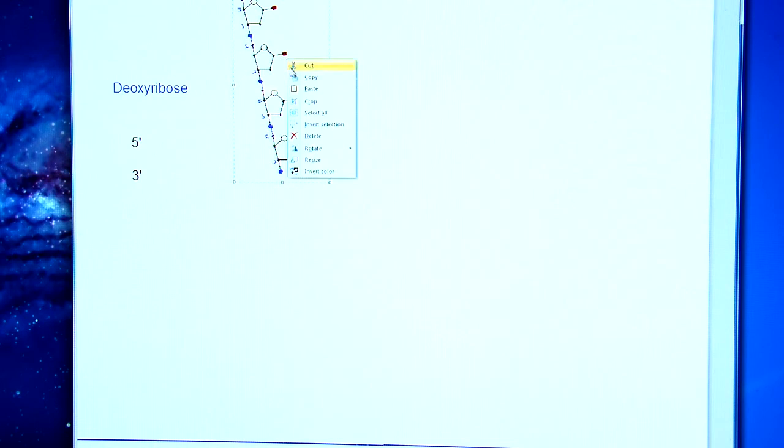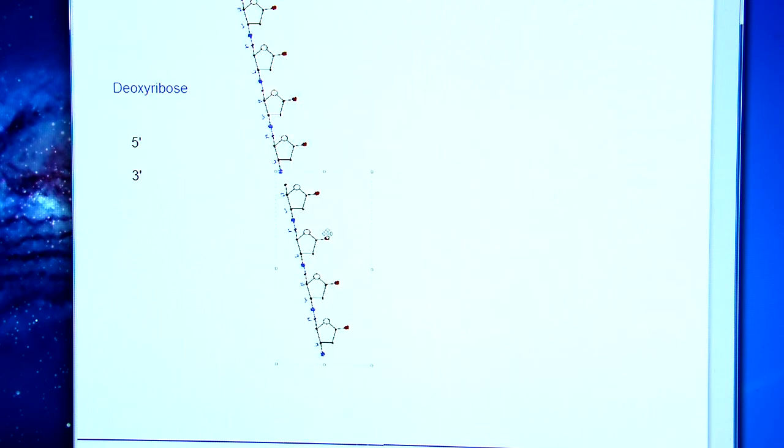See? Now I can add some more. And you can see that no matter what I do, the number 5 position will always belong up here somewhere. The number 3 position will always belong down here somewhere with regards to the carbon on the deoxyribose molecule. So basically, we've established a polarity for this strand.